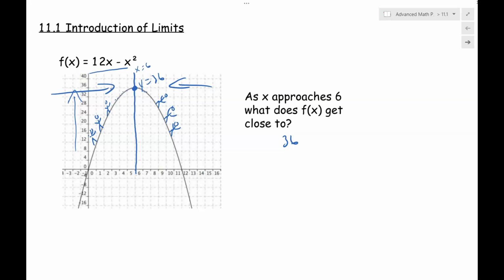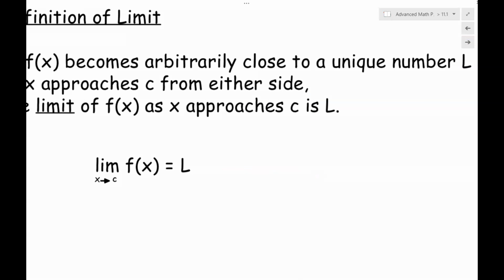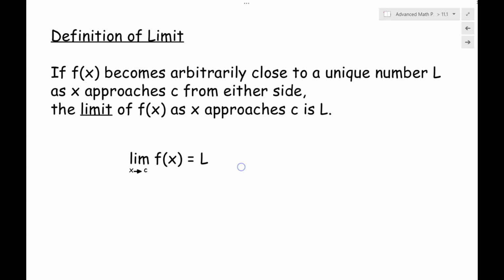Okay, now I'm going to give you the formal definition. Don't get scared. Really, the important part is seeing the notation. Okay, so the definition of a limit is: if f of x becomes arbitrarily close, we'll come back to that, to a unique number L as x approaches c from either side, the limit of f of x as x approaches c is L. Now, what is that saying?